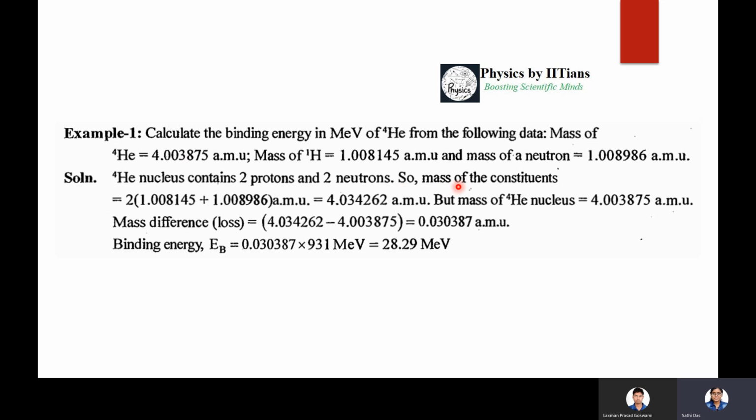So the mass of the constituents means 2 proton mass plus 2 neutron mass. You have to first calculate this. So 2 into 1.008145 plus 1.008986, you will get 4.034262 AMU.